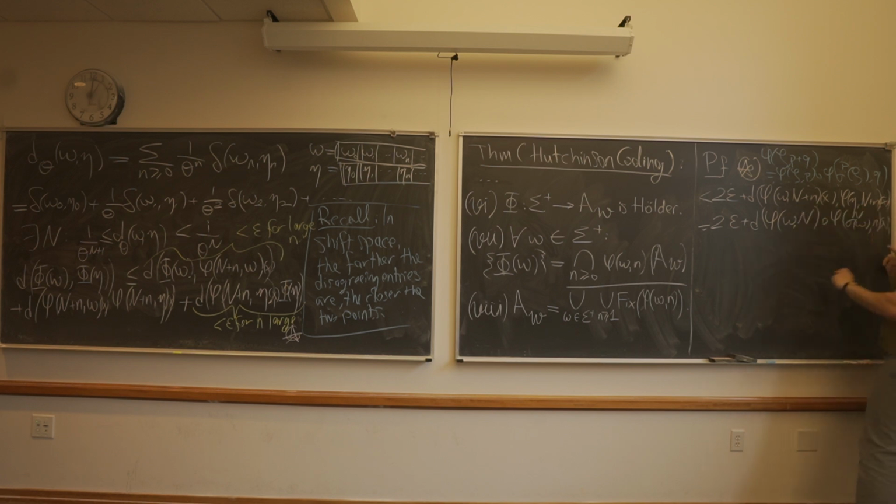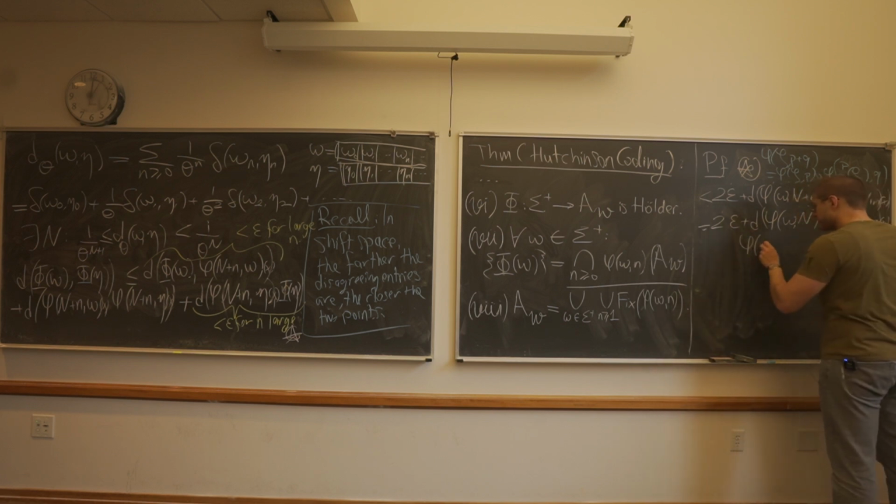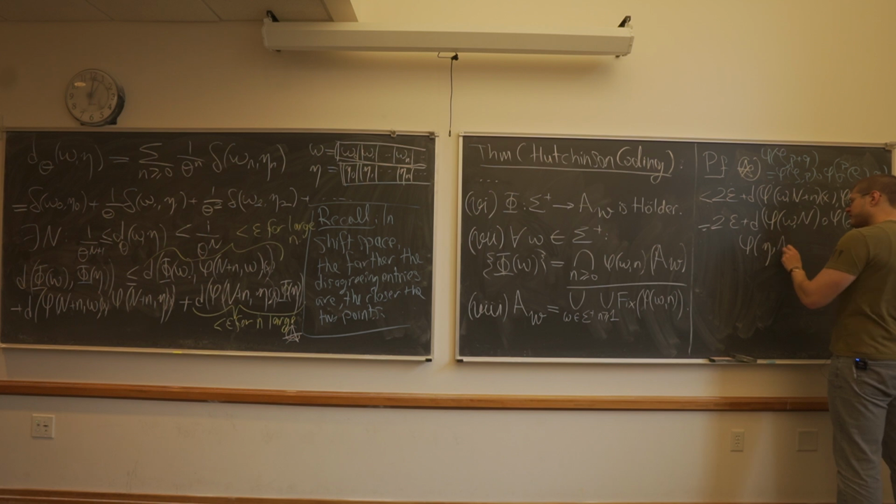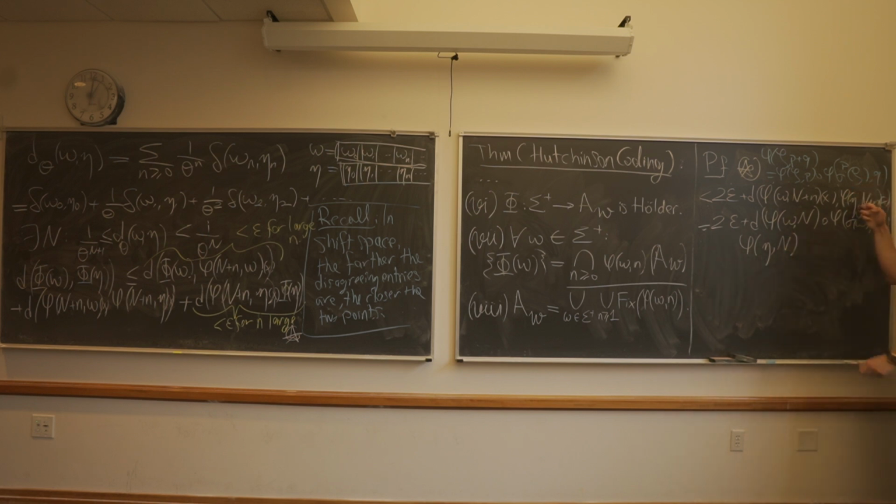This is the first piece, and then the second piece is phi of lowercase eta comma n uppercase composed with lowercase phi sigma to the uppercase n applied to eta comma lowercase n applied to x. Okay, now I have here one contraction, I have here another contraction. If I could get rid of this term and this term, I'm basically done, okay?